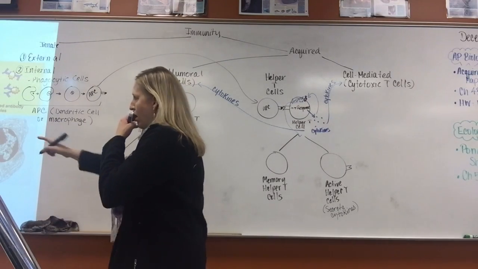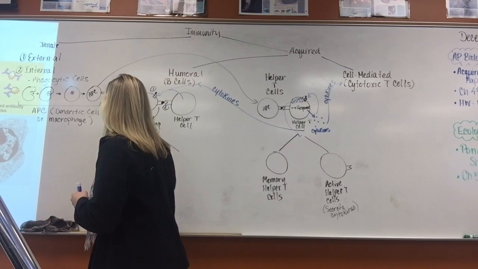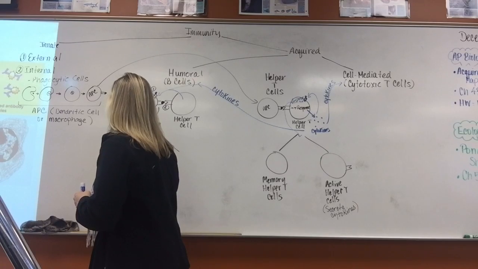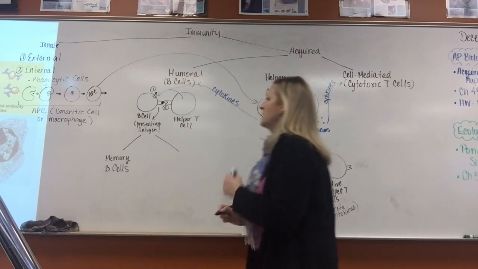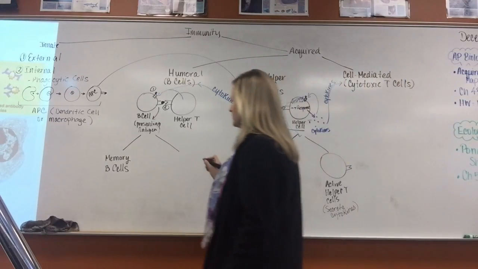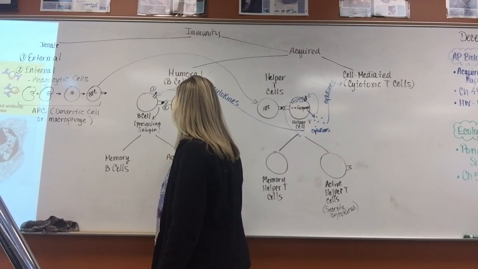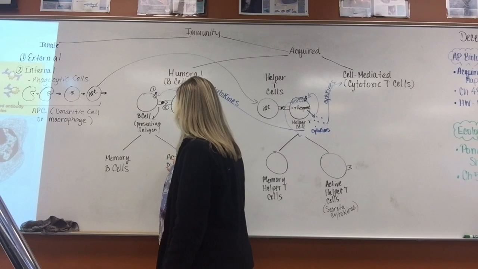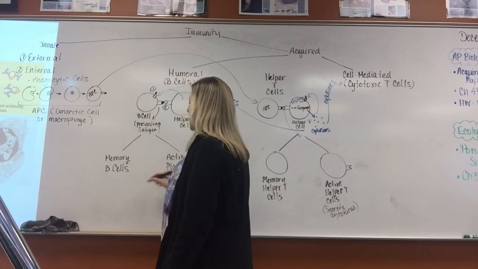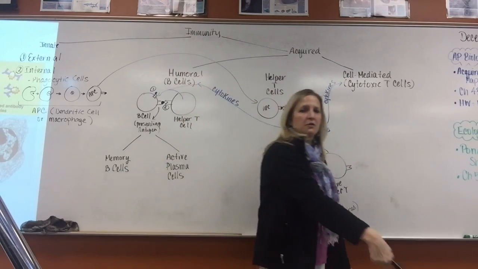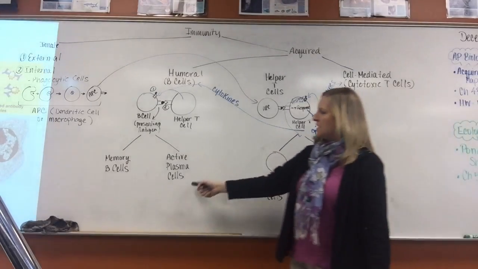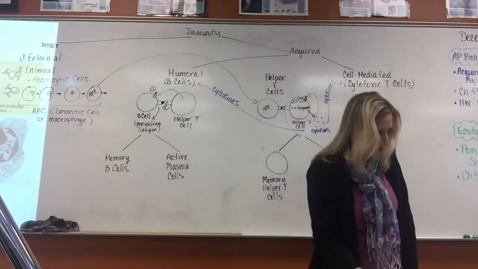You're going to have memory cells, and then we have active plasma cells. Remember, memory cells are always for later use, for a secondary infection. Your active cells are always for fighting your current infection.